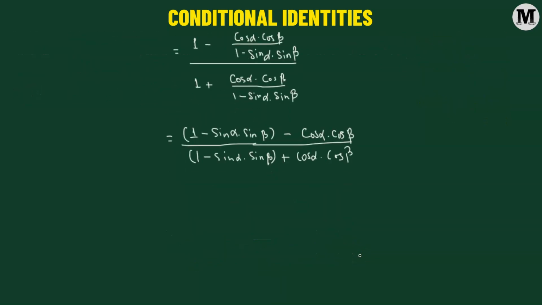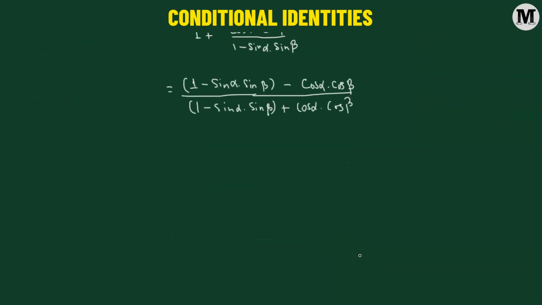Okay, so let's further simplify. Now we will rewrite the numerator as 1 minus, taking negative as the common factor, cosine alpha times cosine beta plus sine alpha times sine beta.